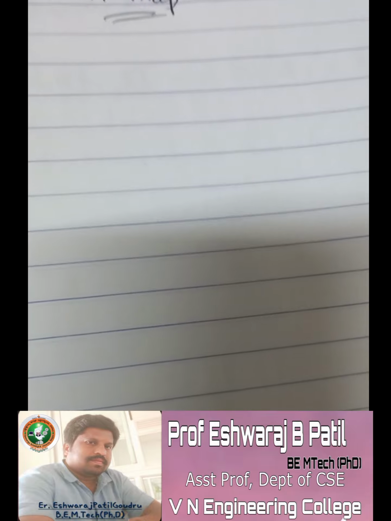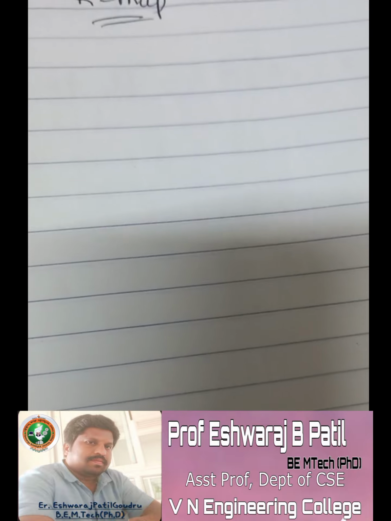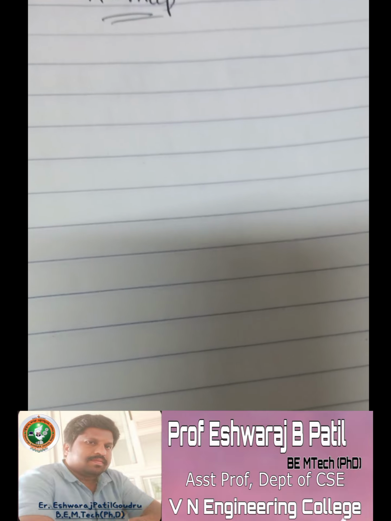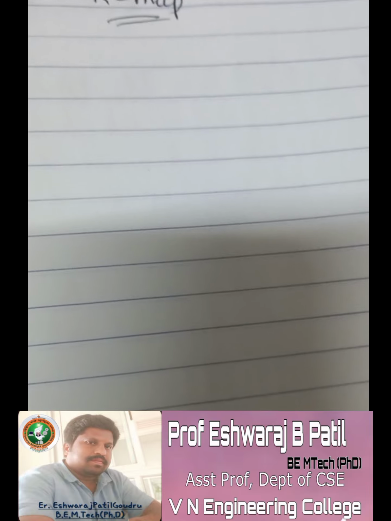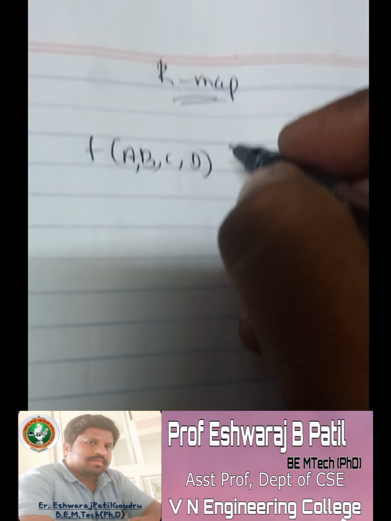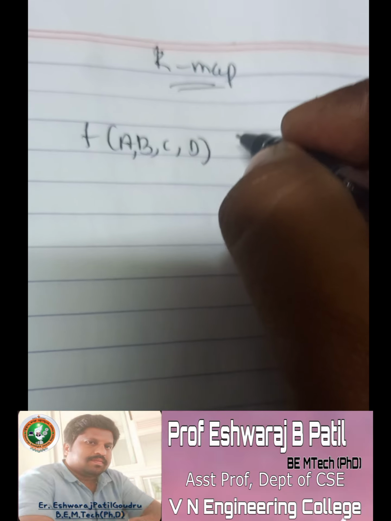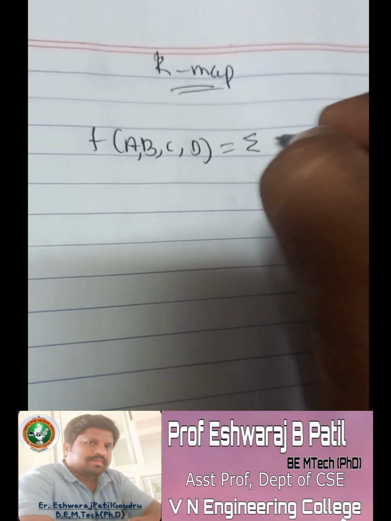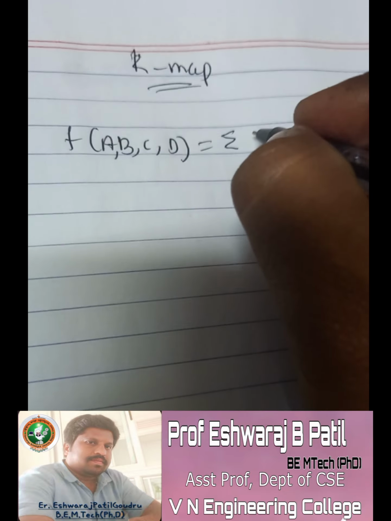Here I'll be considering the 4-variable K-map, a 4-variable Boolean expression. How to solve it? Let's see. Here I am writing the Boolean expression having A, B, C, D as the 4 variables in summation form.